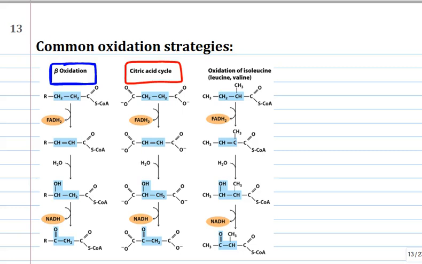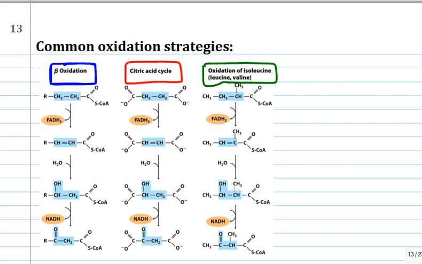Now, if you look closer, or look into the breakdown of amino acids, the catabolism of amino acids, you see a very similar oxidative strategy. We are not going into this in great detail, but I do want you to get the big picture here.